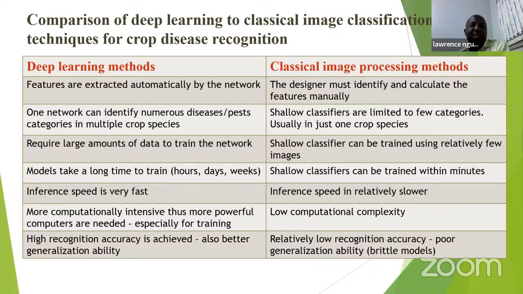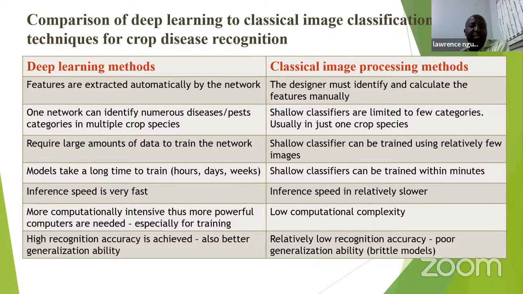The deep learning methods require large amounts of data to train the network, and the shallow classifiers can be trained using a relatively small amount of data. With the deep learning methods, the models take a very long time to train, usually hours, sometimes even up to weeks, to train just one model, whereas the shallow classifiers are trained within minutes.